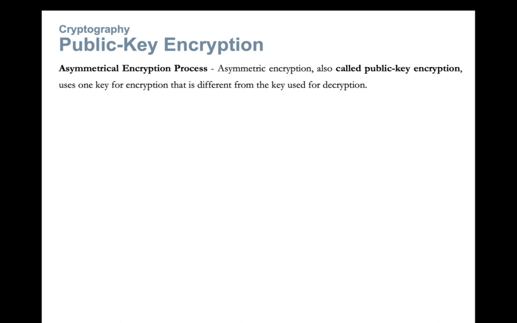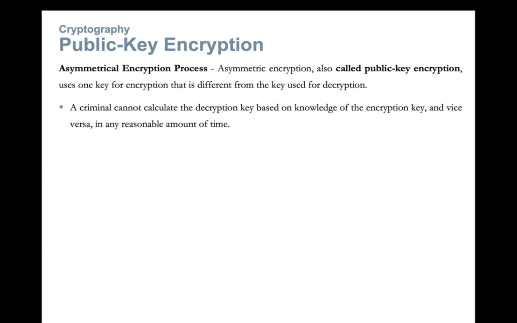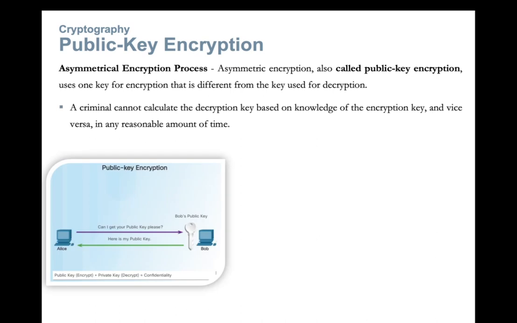In this example, if Alice and Bob exchange a secret message using public key encryption, they use an asymmetric algorithm. So this time, Bob and Alice do not exchange keys prior to sending secret messages.